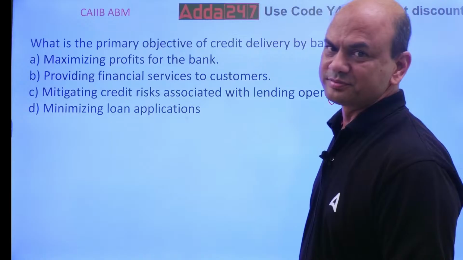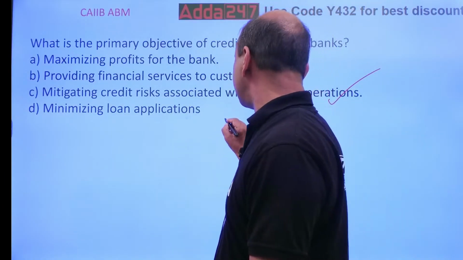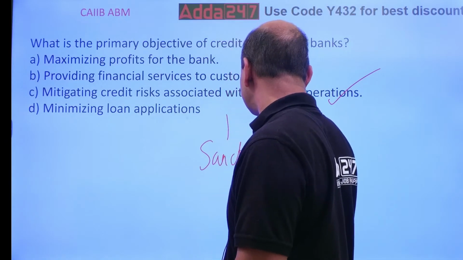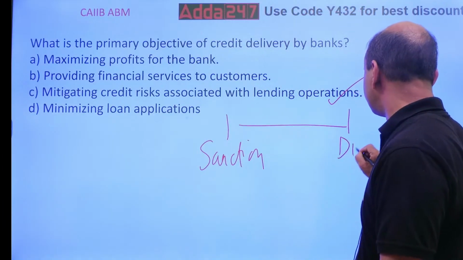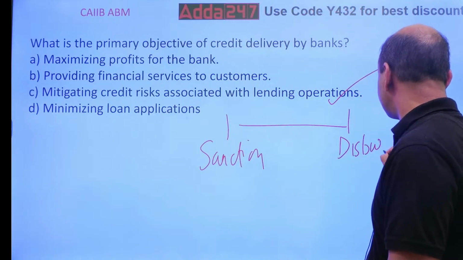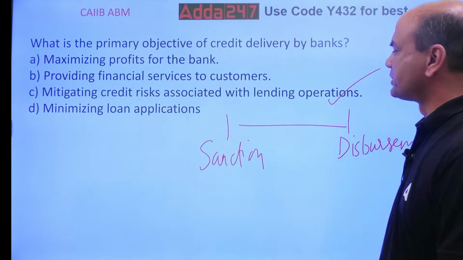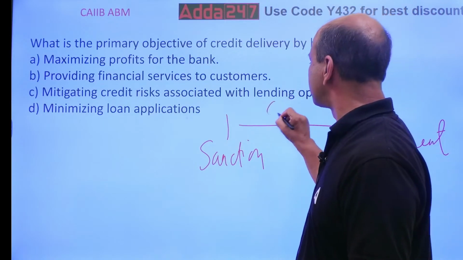What did I say? What is your credit delivery? Sanction to disbursement. Right? Sanction to disbursement. This is known as credit delivery. I'll just write CD now.